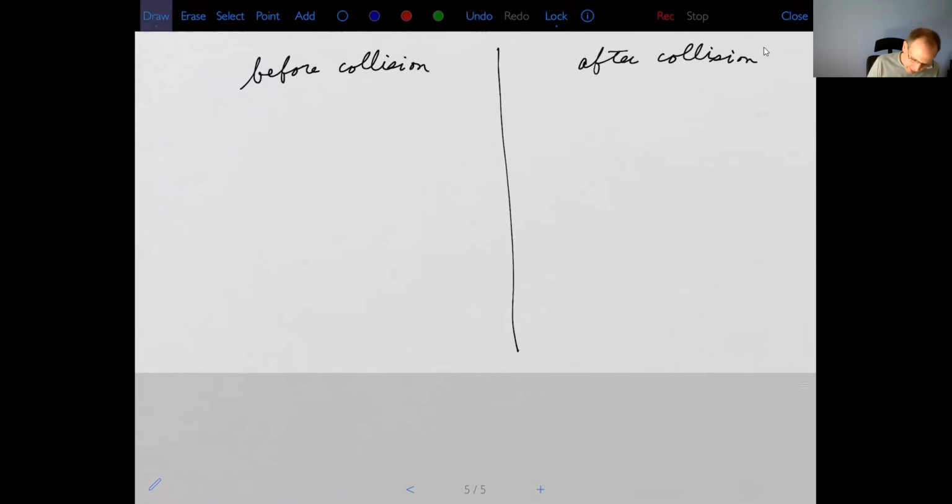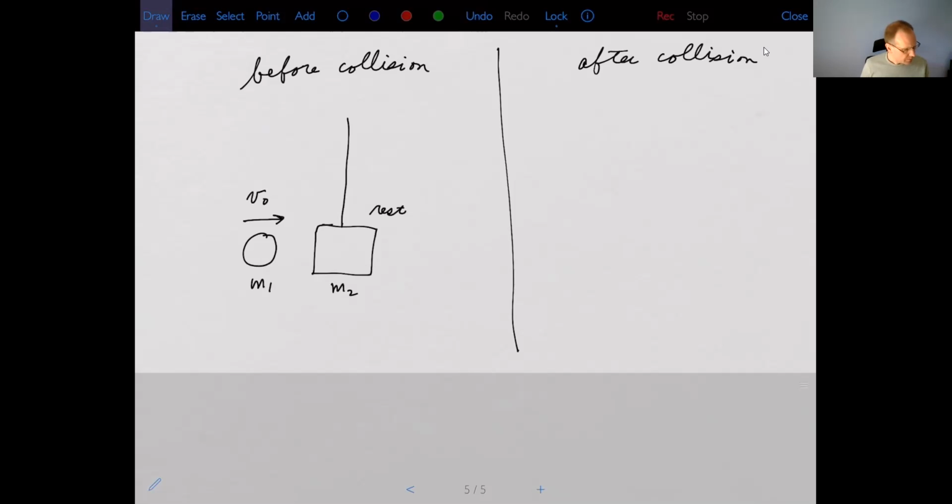So before the collision, I have this ball that leaves the gun. It has a certain mass, m1, and we know it leaves the gun with a velocity, call it v0. And then the pendulum here has a mass m2, and it's at rest right before the collision.